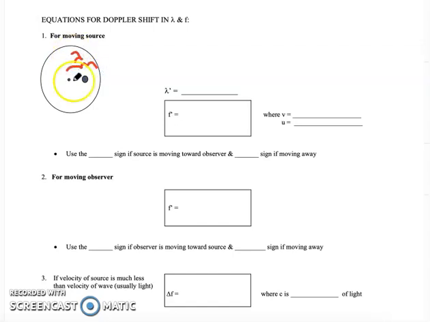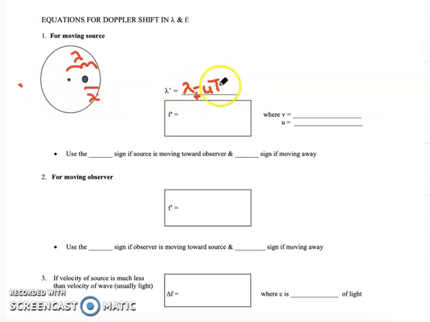But if the object is moving to the right, then what we measure as the new wavelength, lambda prime, we said was equal to the original wavelength minus the speed of the object multiplied by the time it releases waves, the period. And if it's heading towards you, if you're over here, that equation becomes lambda plus.